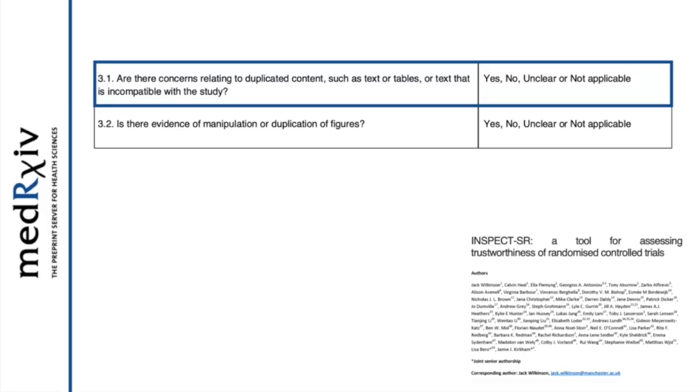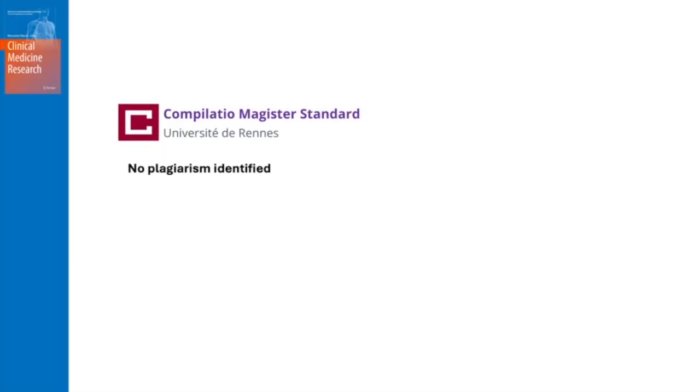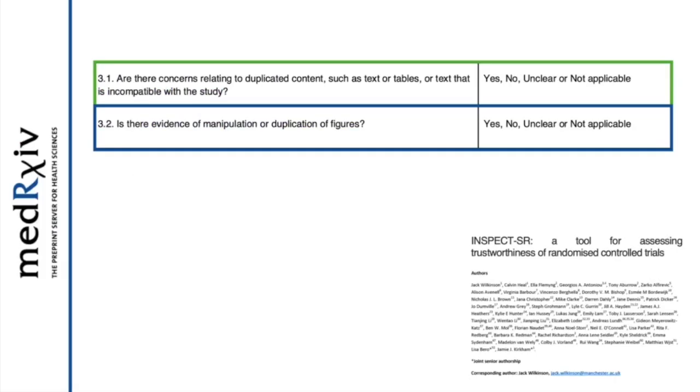So in this assessment today, I've just assessed the manuscript for plagiarism. I put it in my own university plagiarism checker, and I found that there was no clear evidence of plagiarism for this paper. Okay, plagiarism checkers are not perfect, but still I found no problem, so it passes the test.